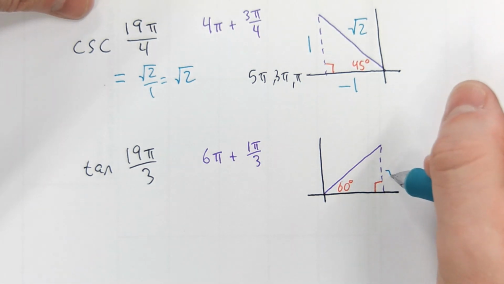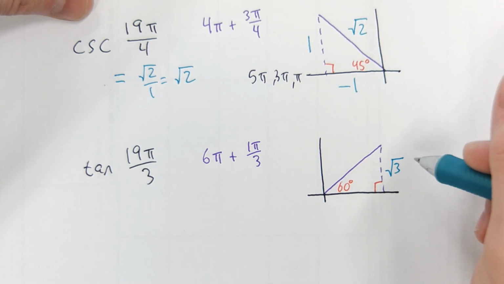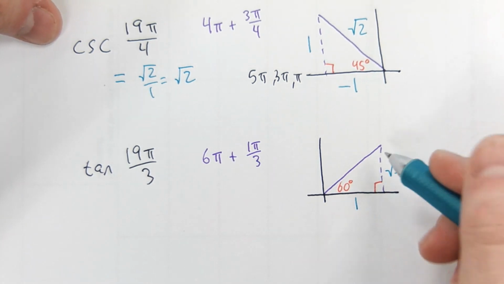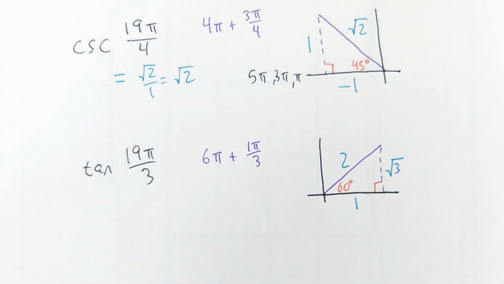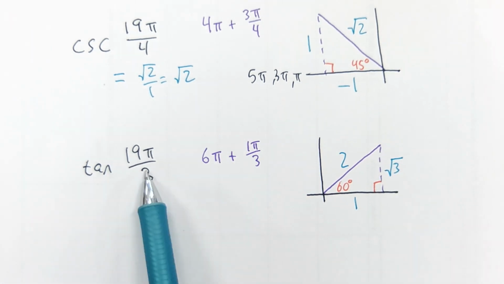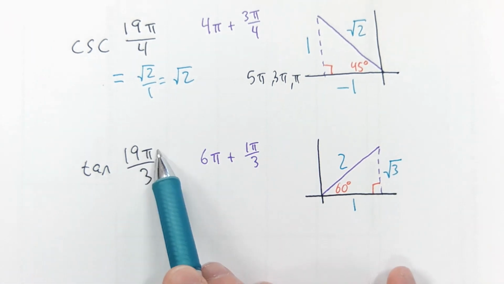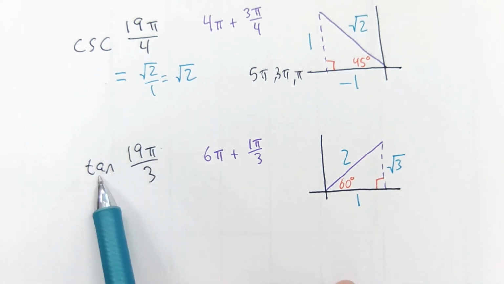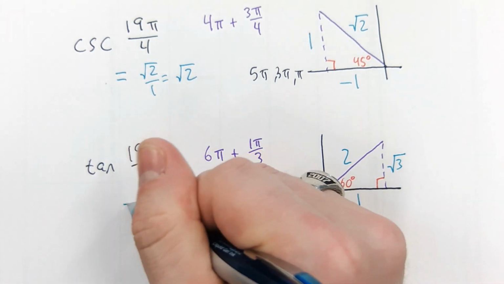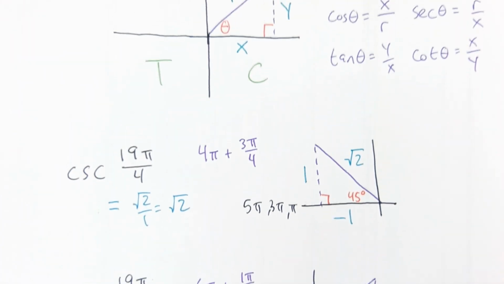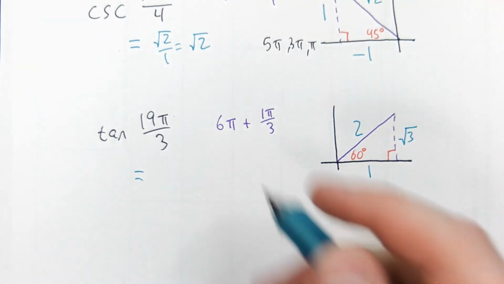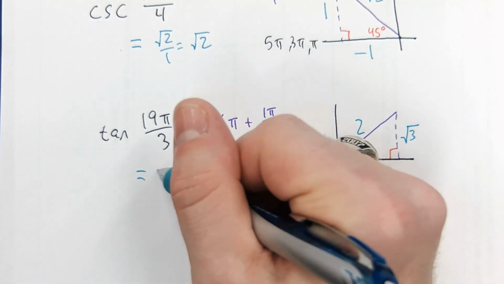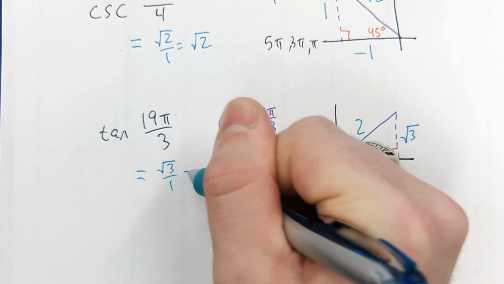That makes this the 1 because it's across from the 30, and this the 2. Now that we know where we are and what kind of triangle we're dealing with, we build our fraction. Tangent is the y value over the x value: root 3 over 1, or just root 3.